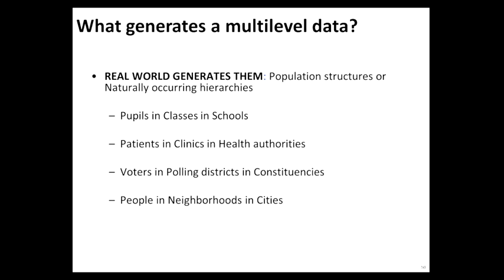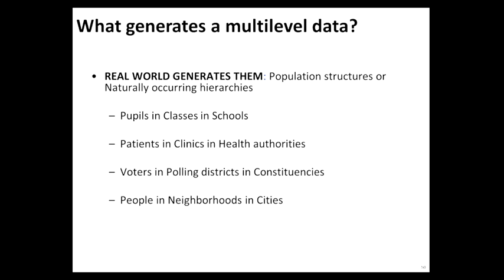Similarly, if you're a healthcare researcher or health policy researcher wanting to understand patient quality, patients are part of a distinct population and they're exposed to that. They're part of a clinic they regularly visit, and clinics in turn tend to be part of health authorities. In political and electoral geography, you can think about the polling district and the constituencies as providing the context.